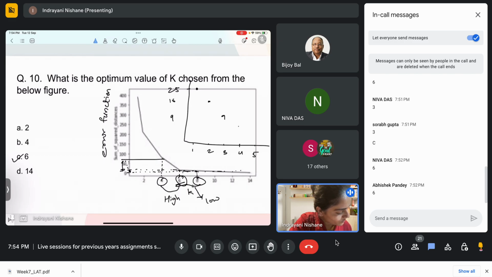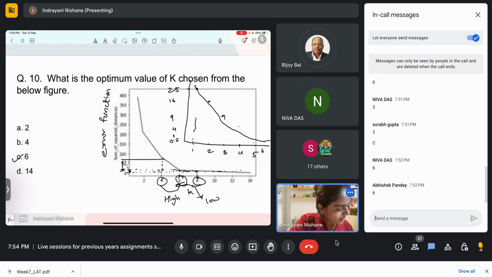For 4 let us consider 4, for 5 let us consider 1, and for 6 let us consider 0.5. Let's try to map this and find the k value for this particular graph.